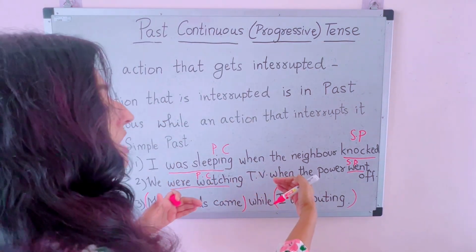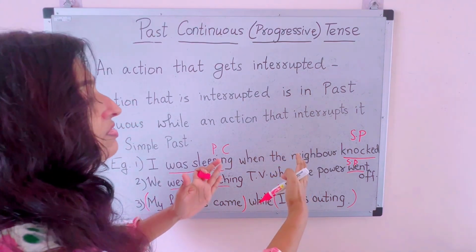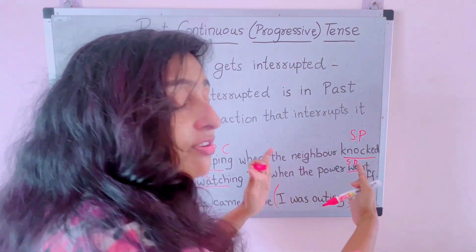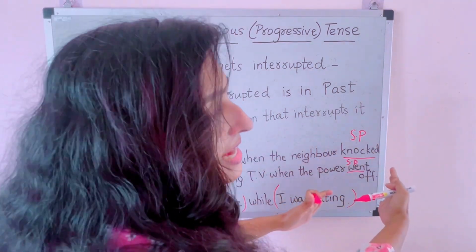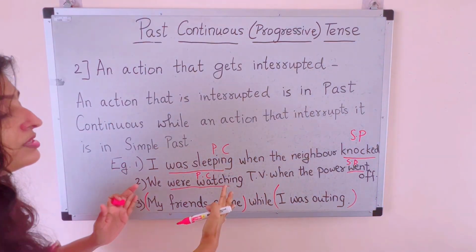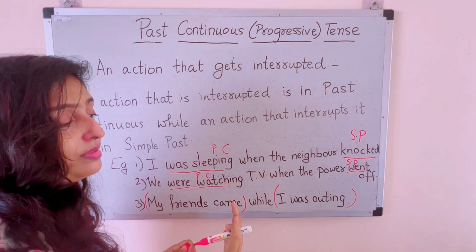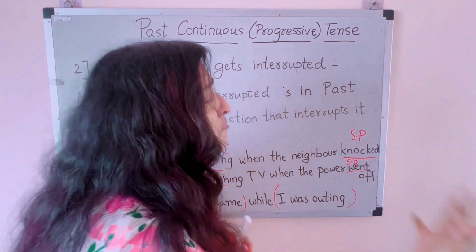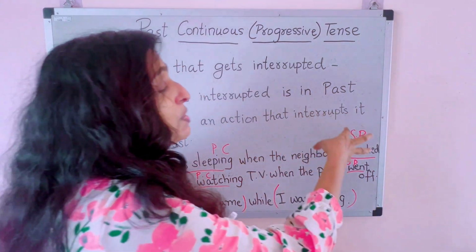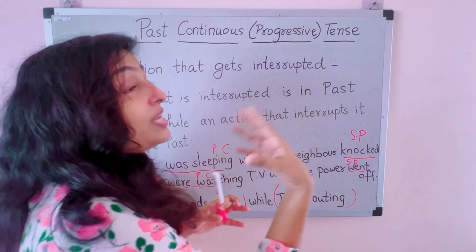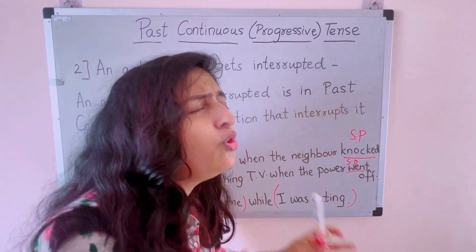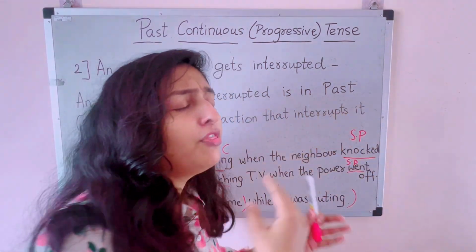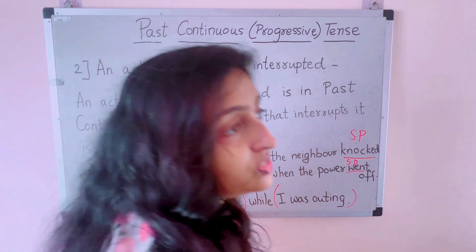In the other two examples, the action that was interrupting was in the second half. Why? Because as you read the examples, you may feel that always the simple past tense will come in the second half of the sentence only. No. It can come either in the first half or in the second half.